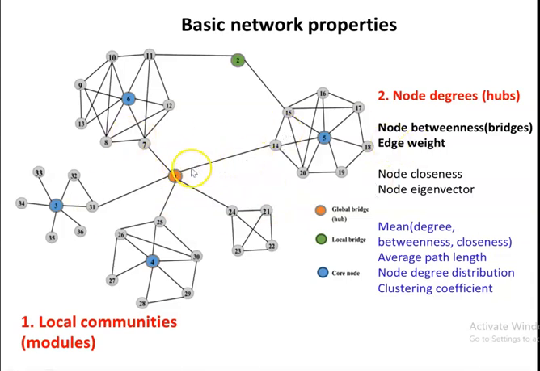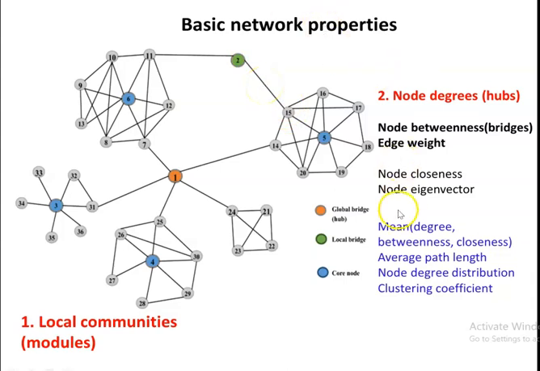But the higher the betweenness of a node, meaning the number of shortest paths that go through the node and connect different parts of the network, the more important this node is for connecting different parts of the network. For example, if we remove node 1 here, it will lead to disconnection of the entire network because it's quite central and has very high betweenness. Another node that has very high betweenness is number 2, but it is actually connecting two local communities.